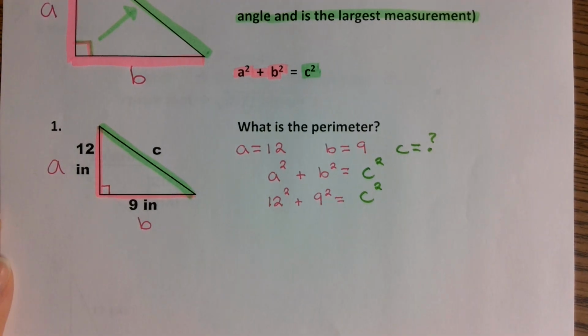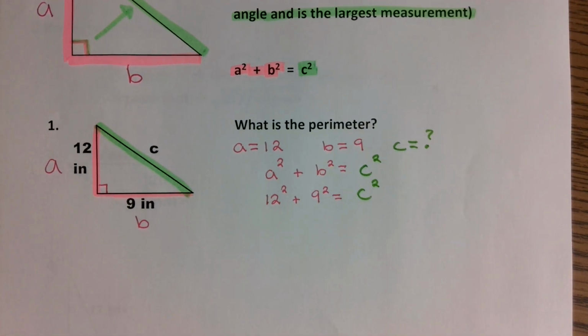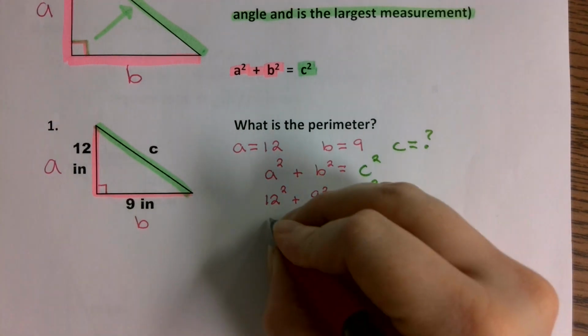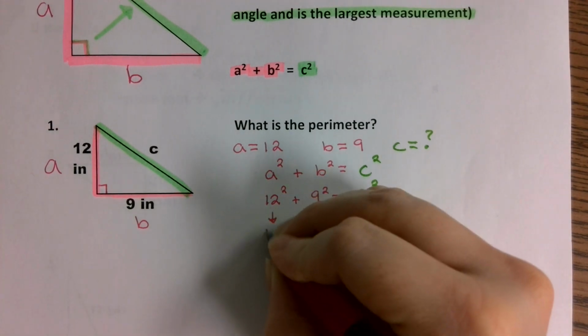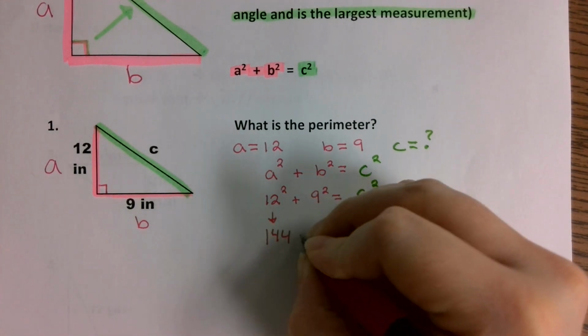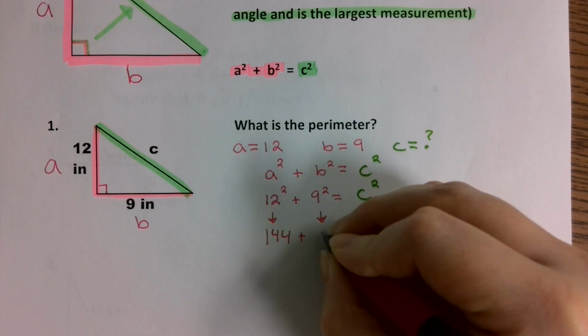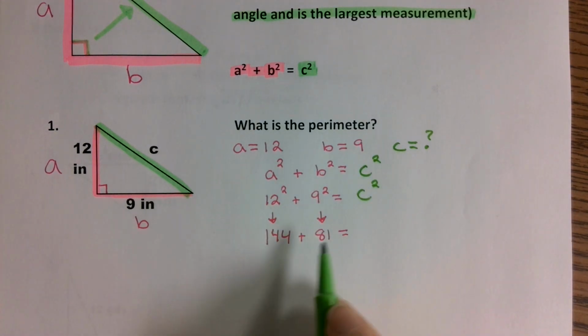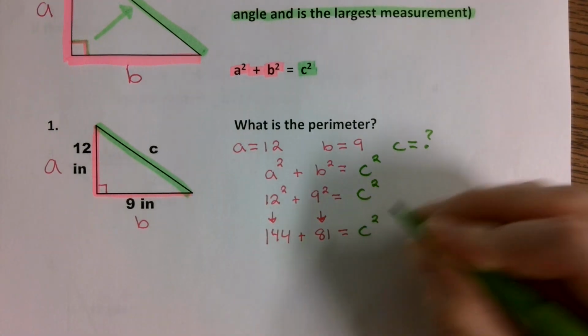Now we just need to do these values. Again, these are things you should have perfectly memorized at this point. What is 12 squared, guys? 144. What is 9 squared? 81.